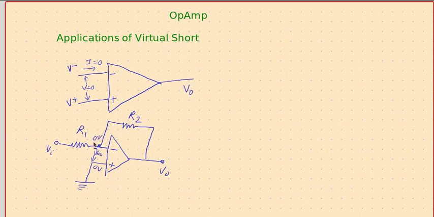Let me call this point P. Since the inverting input is 0 volt, the voltage at P is 0 volt. Okay, what's fun in that? As of now, nothing funny.